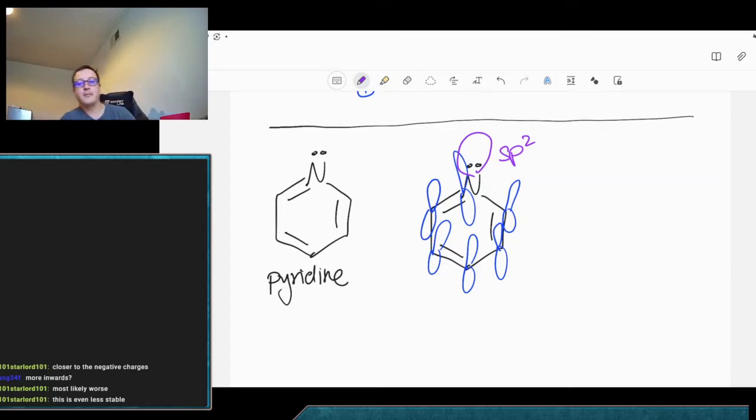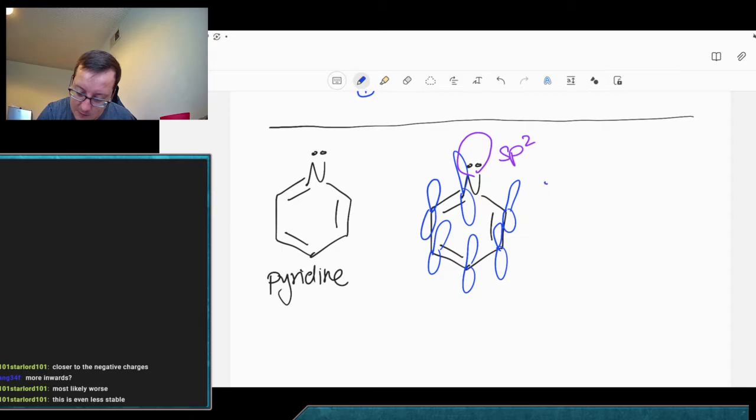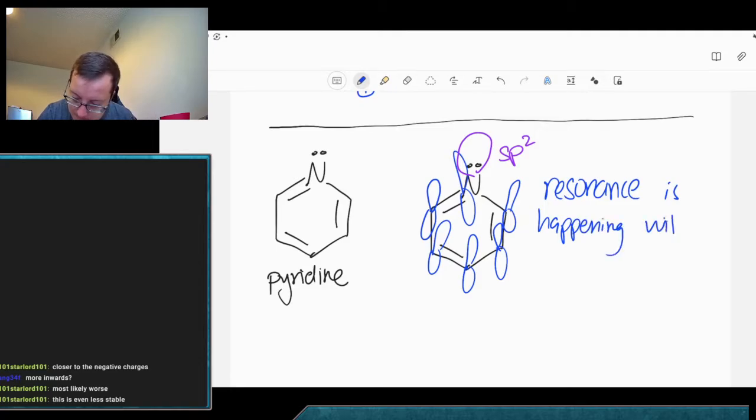Okay. So those p orbitals that are participating in the double bonds here, the resonance can only happen in those blue orbitals. So the resonance is happening within the p orbitals only.